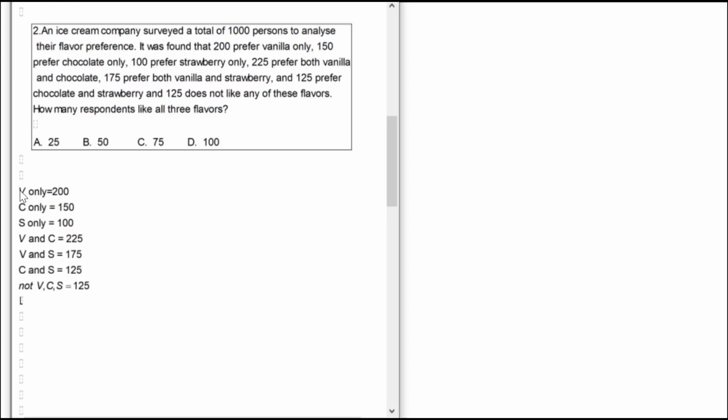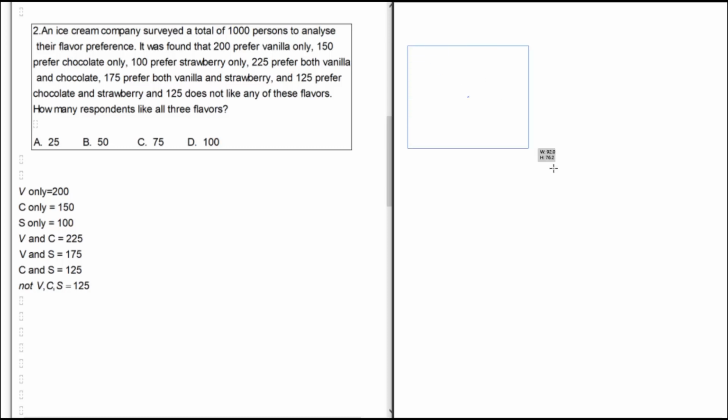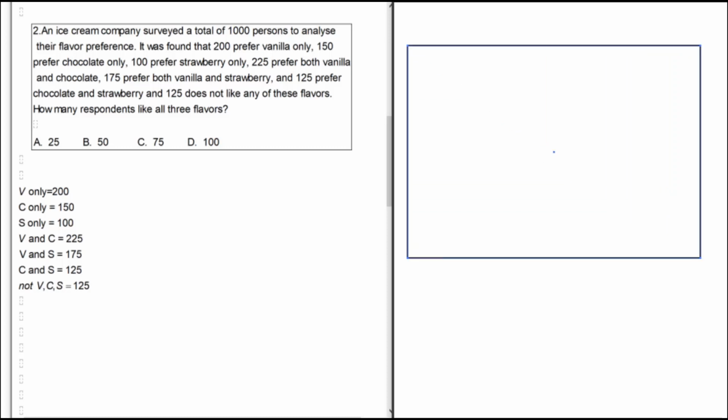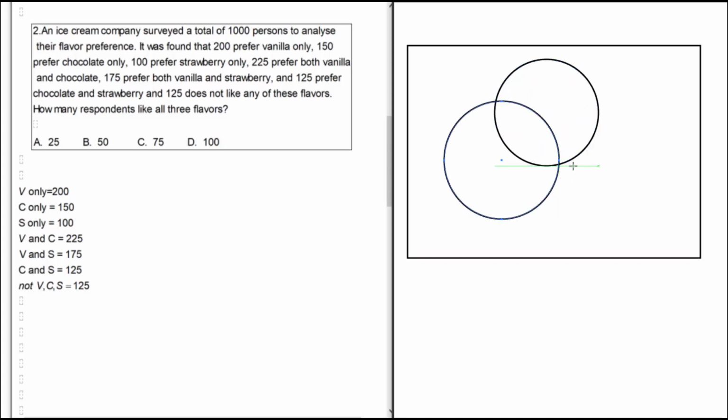Now, how do we make a Venn diagram out of this? So let's start by making our universal set. And within this set, we have 3 flavors. We have vanilla, chocolate, and strawberry. So let's label this so that we'll not get confused later.